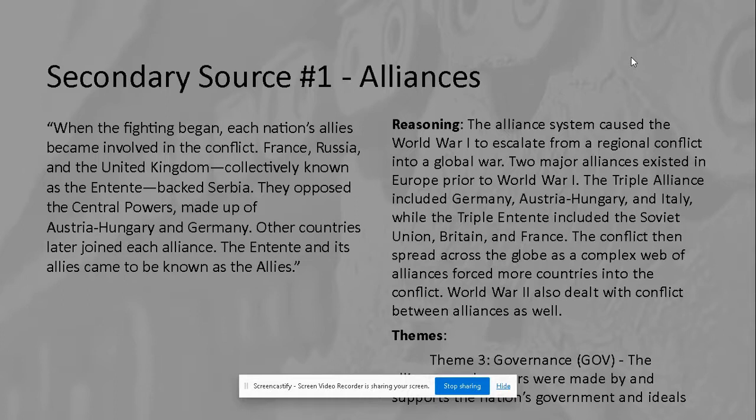The Triple Alliance included Germany, Austria-Hungary, and Italy, while the Triple Entente included the Soviet Union, Britain, and France. The conflict then spread across the globe as a complex web of alliances forced more countries into the conflict. World War II also dealt with conflict between alliances as well. This relates to theme 3 of governance.